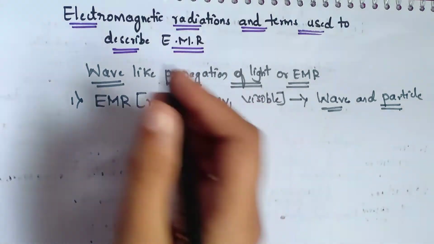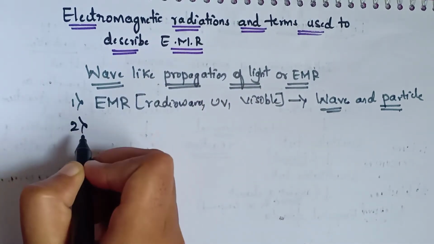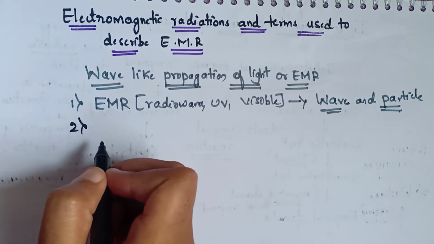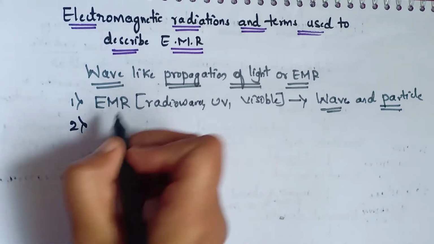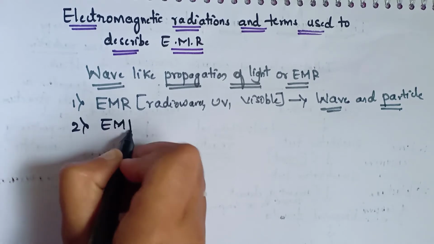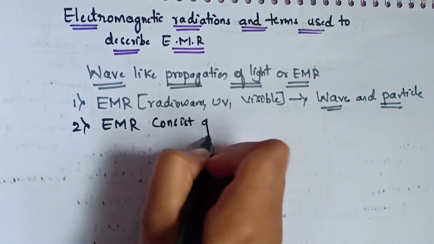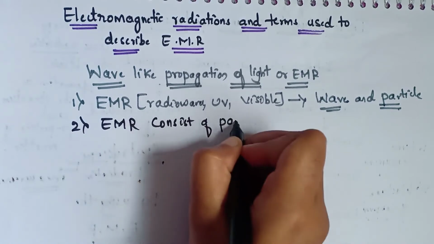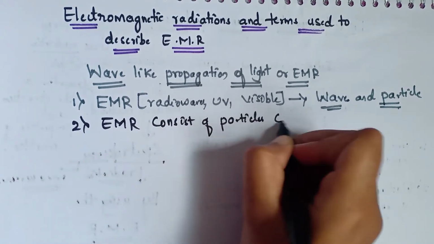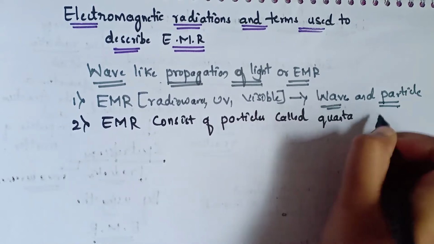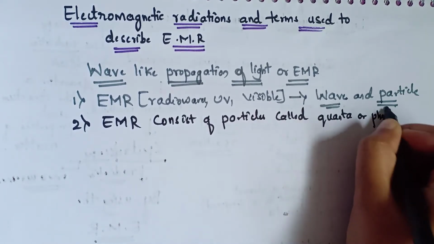Here, the second important point is that electromagnetic radiation consists of particles called quanta or photons.